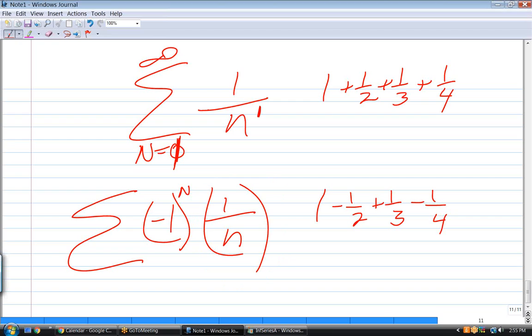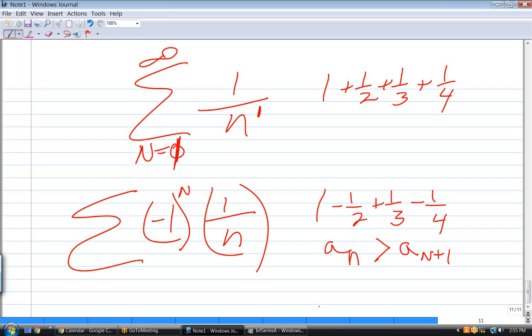If you have an alternating series, there's one other thing you have to prove convergence, and that is that a sub n has to be greater than a sub n plus 1. In other words, if you have an alternating series, and the nth term goes to 0, and a sub n is greater than a sub n plus 1, then you have a convergent series.